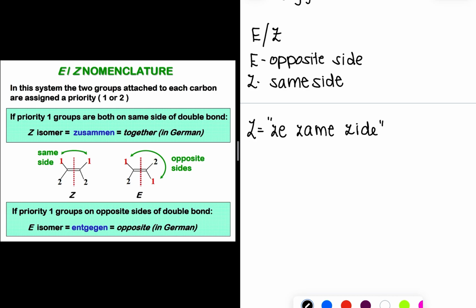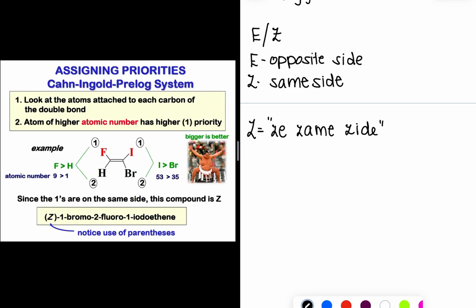Again, here's another example. So priority number 1's up here, Z same side. Second one, priority number 1's opposite sides, E, entgegen. Again, I'm looking at atomic number here.